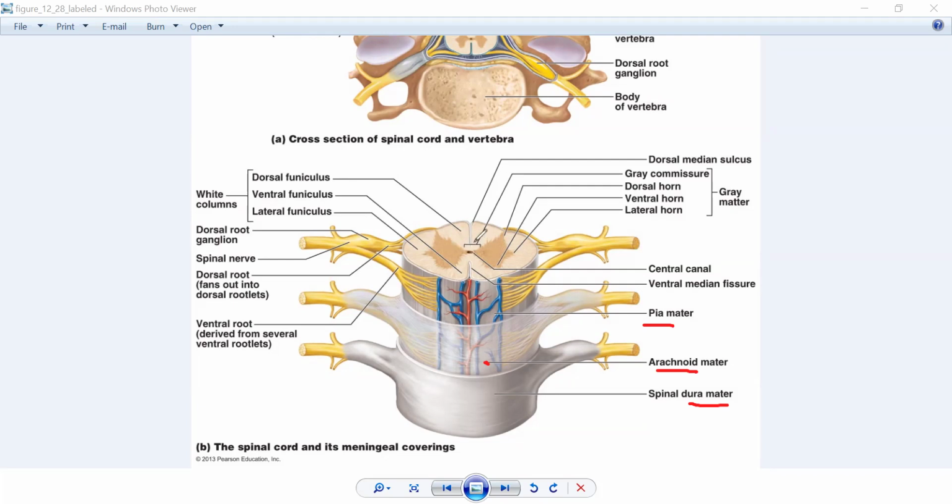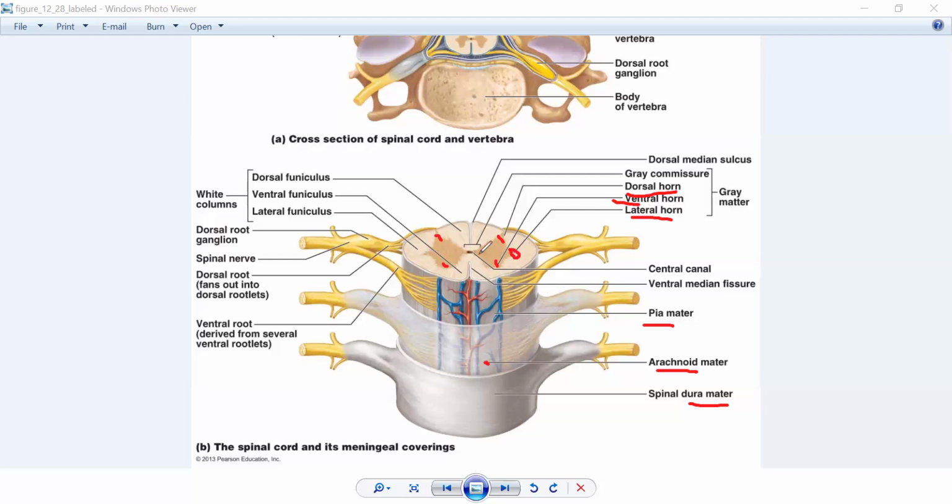The gray matter here kind of looks like a butterfly or H appearance. They're referred to as horns when they come to a fine point. The ones in the front are referred to as ventral horns. The ones in the back are referred to as dorsal horns. And the ones where it comes to a fine point on the side are referred to as lateral horns.